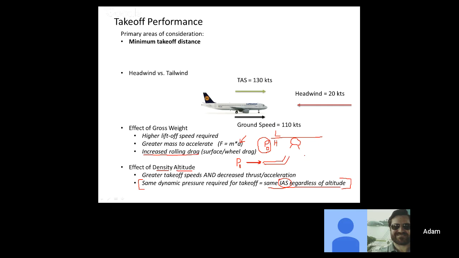Why? Because the air is not as dense. So what's nice about that system is it allows you to be consistent with your takeoff speeds. Your indicated airspeed for takeoff, because you're not having to remember 15 different numbers for which speed you lift off. That's kind of nice in that respect.